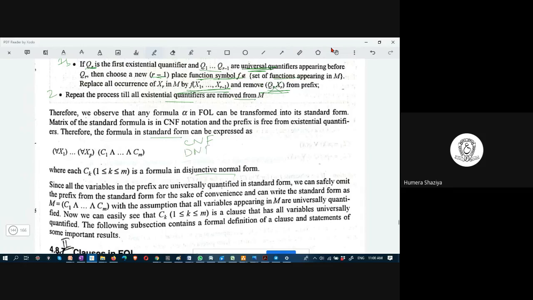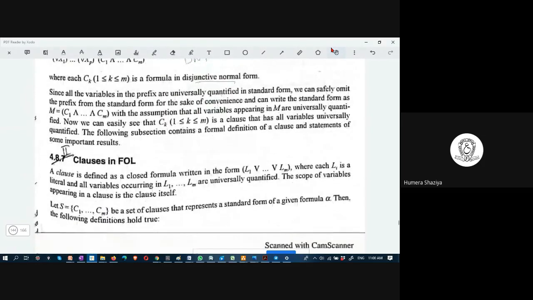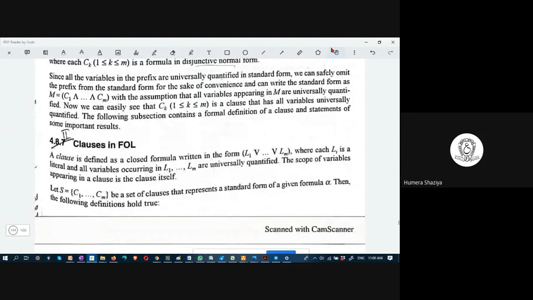Conjunctive normal form and disjunctive normal form. Ponder over that and try to learn if you don't remember. That is about the Skolemization procedure.